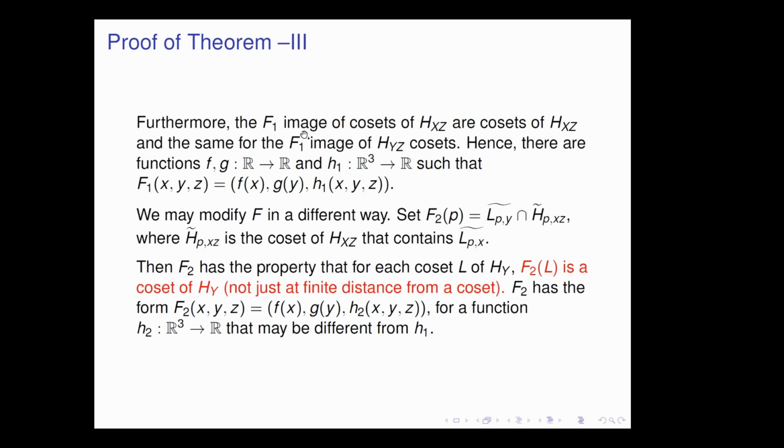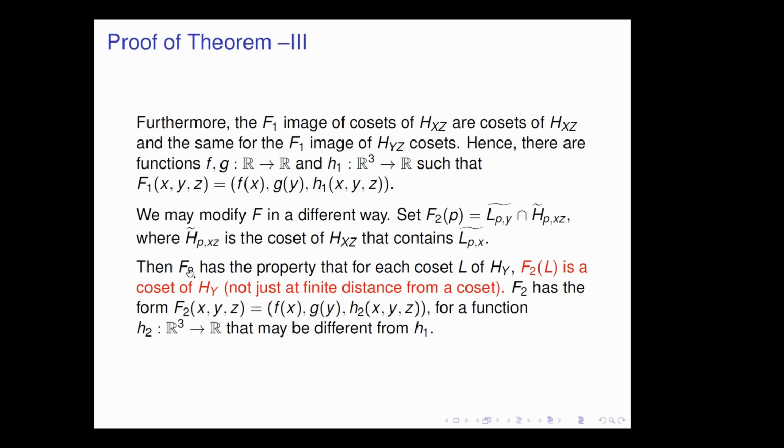Okay, that's for F1, but we can modify the map f slightly differently. So we can consider the intersection of the y coset, LPY tilde, with the coset of the xz plane that contains the LPX tilde.